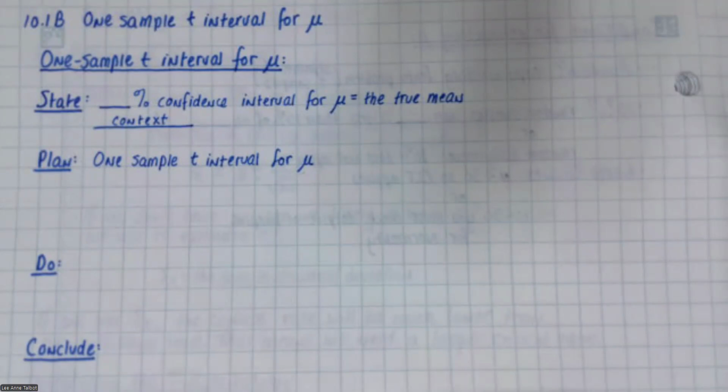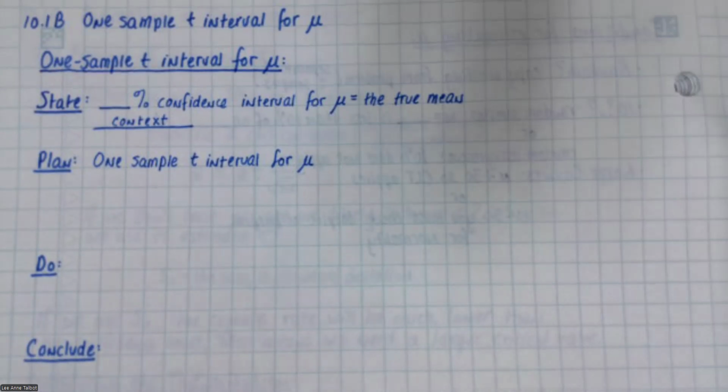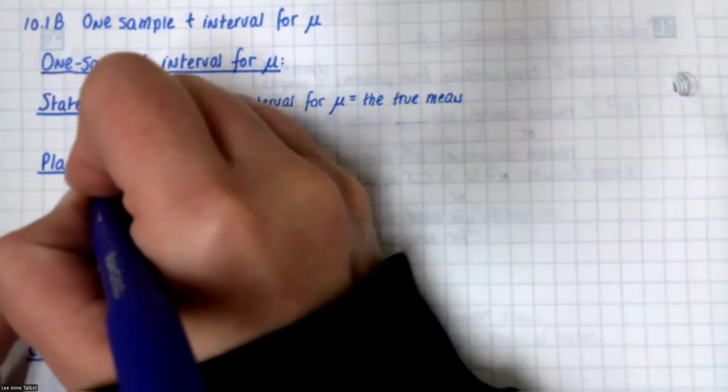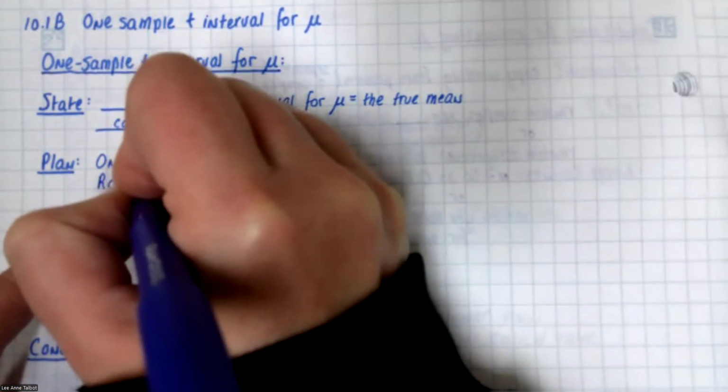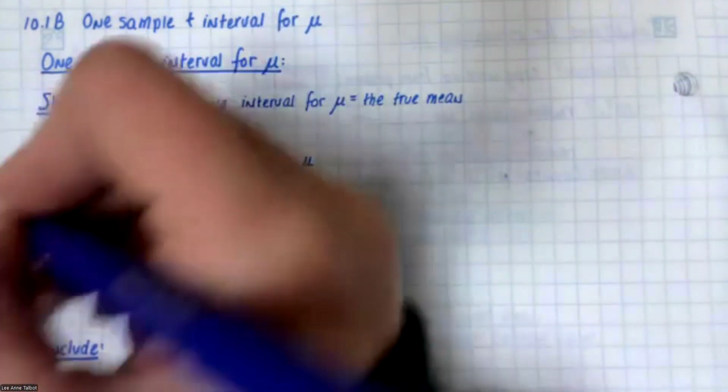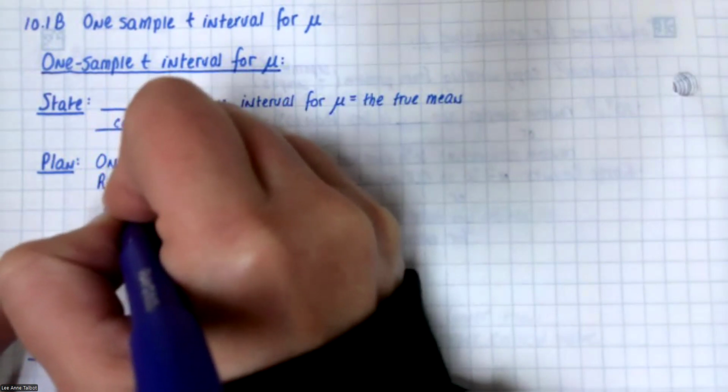So I want you to see that's why we have to state the inference method, because there's a bunch of them. And by the time we get to the end, there's going to be a few more. It's not daunting though, I promise. Okay, anyway, so plan: random, 10%.